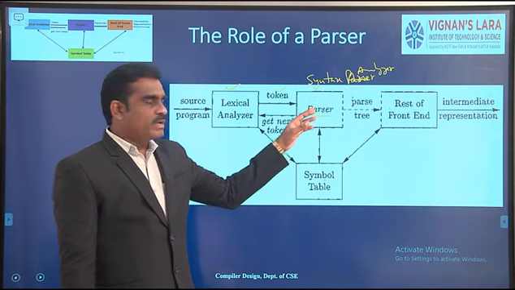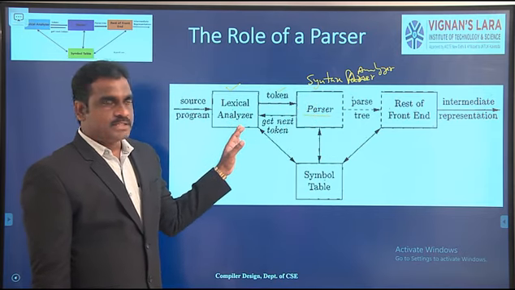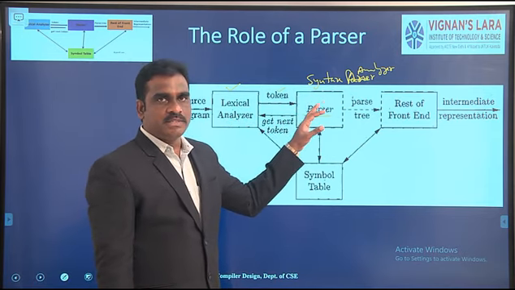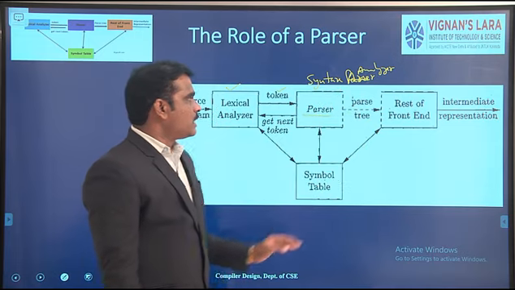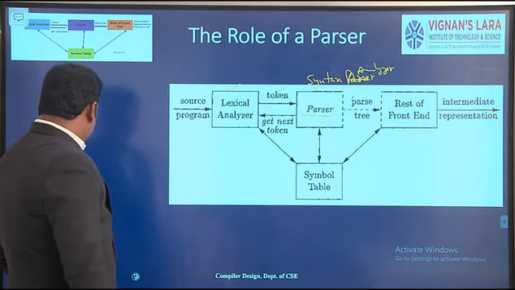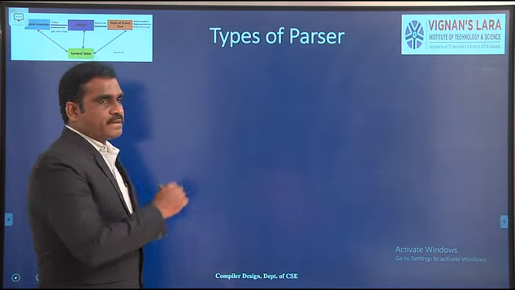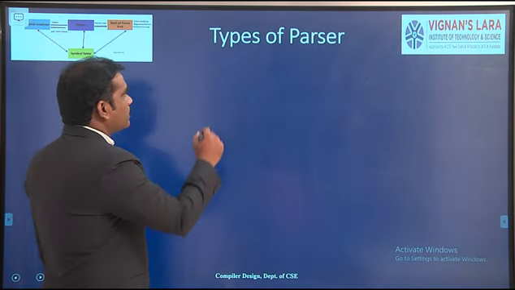It takes as input the output of the lexical analyzer, that is tokens, and it generates a parse tree or derivation tree. So in this process, we have different types of parsers.